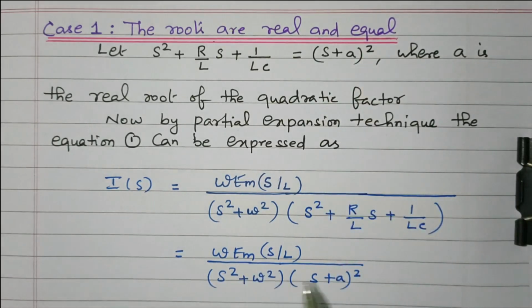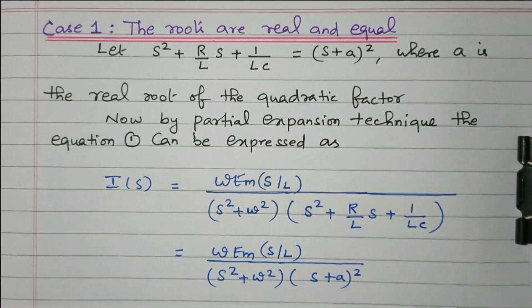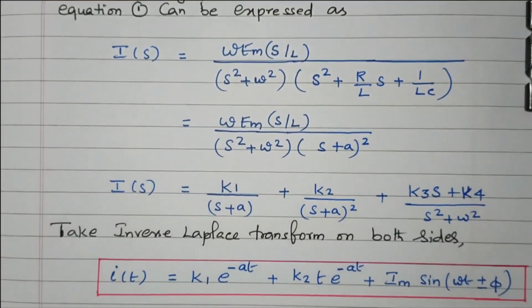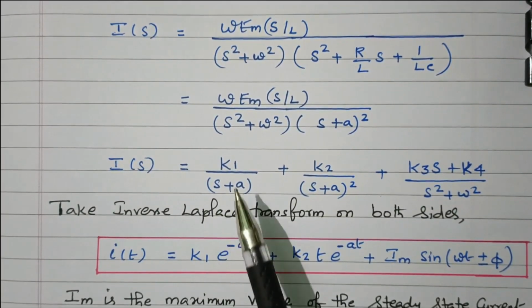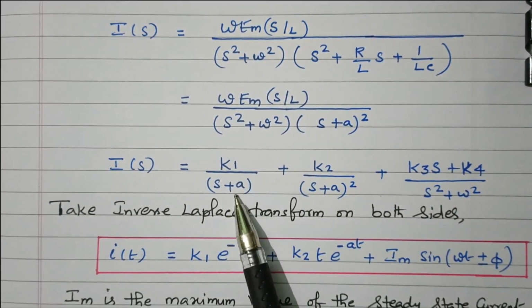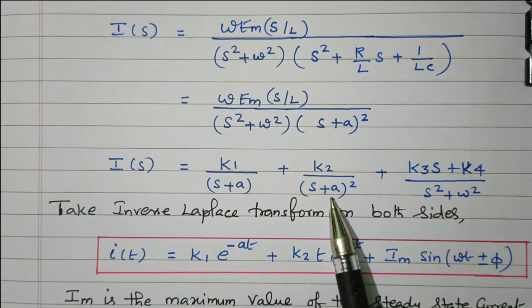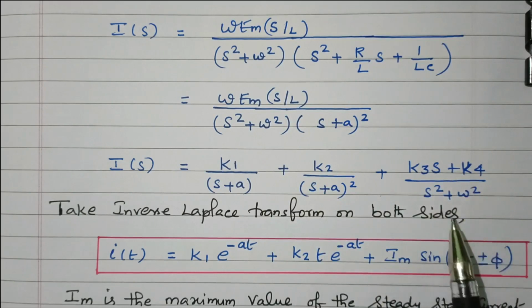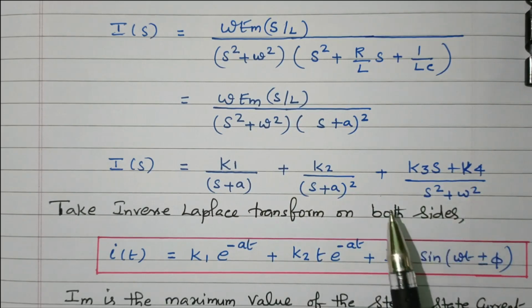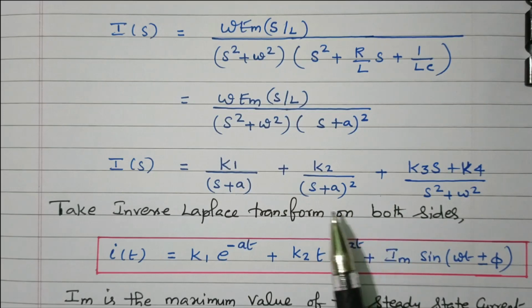Now only two terms are available in the denominator: (s square plus omega square) into (s plus a) the whole square. By using the partial fraction technique, we can write this expression as k1 divided by (s plus a), plus k2 divided by (s plus a) the whole square, plus (k3 s plus k4) divided by (s square plus omega square).